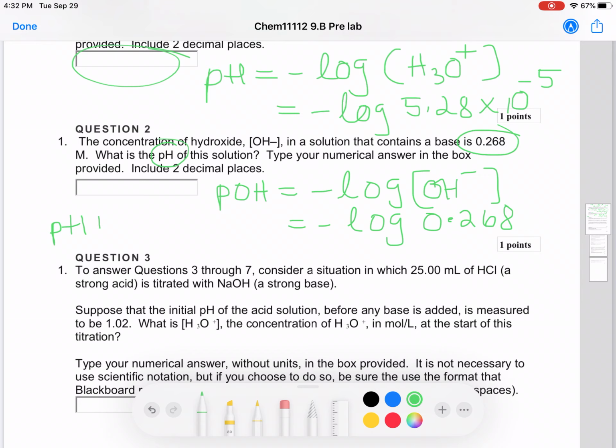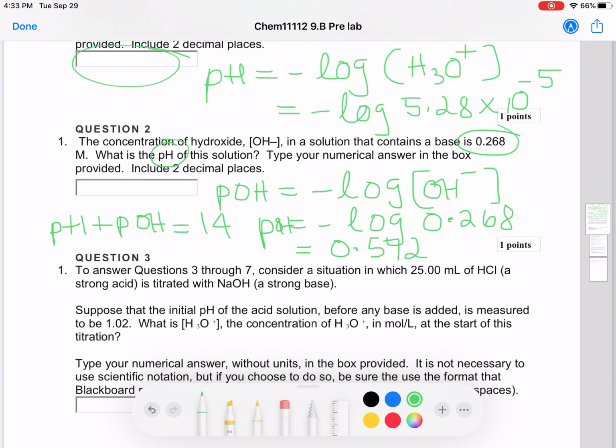So how do you calculate the pH if you know the pOH? In water medium, when you add up the pH and the pOH, it's always going to equal 14. So when you find pOH from here, let me go ahead and give you what the pOH is. That's going to be 0.572.